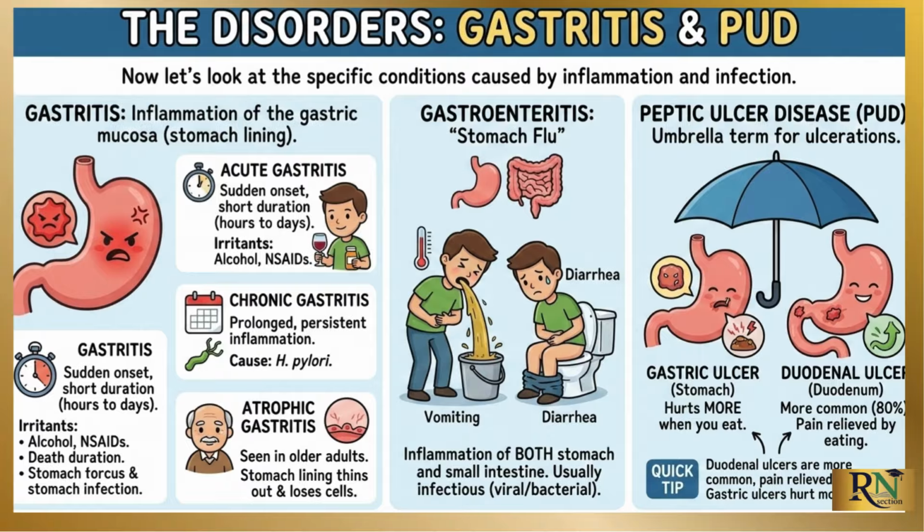Chronic means ongoing, like a smoldering fire in the stomach continuously. And chronic means more than 3 months, or even more than 6 months.